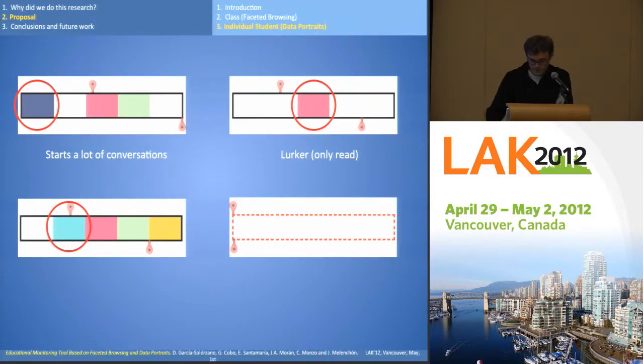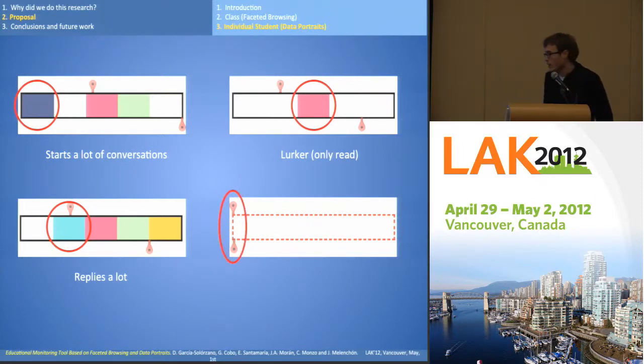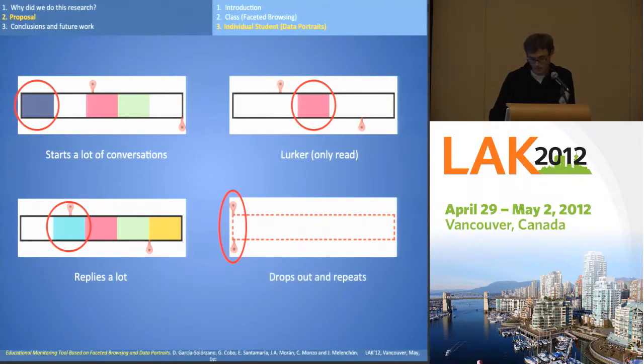And the last one, we can see that this student doesn't write anything, doesn't read anything, and also repeats the subject because it's a dashed border, and the marker is on the left, and the border is red. It means that this student is about to drop out. He drops out and repeats.